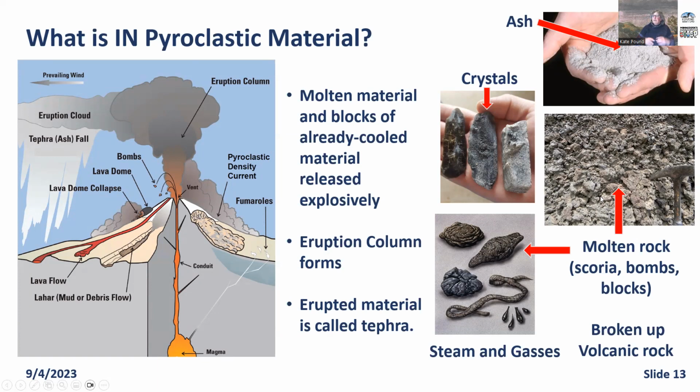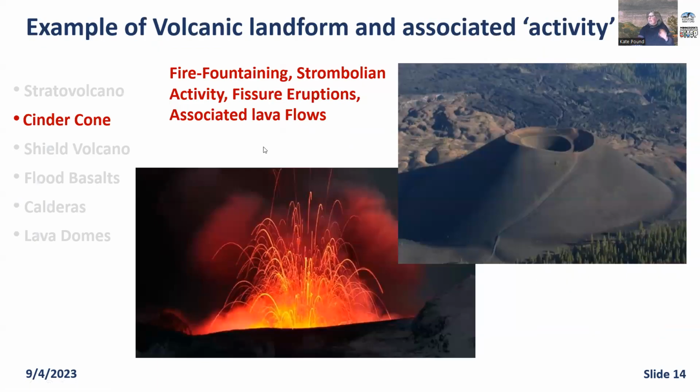Or it falls through the air and lands as fist-sized to maybe small house-sized blocks of molten material that then cools. So those are your bombs and blocks. If it has vesicles in it, it'll be scoria. And then there's ash.